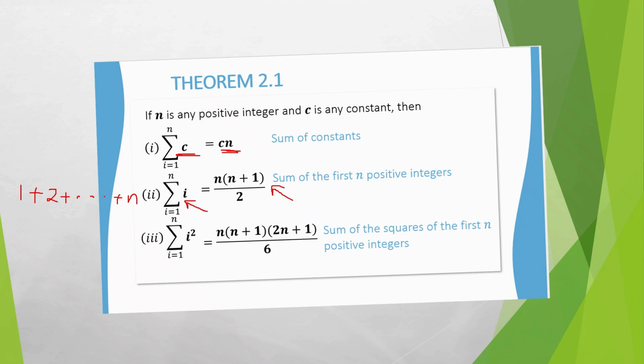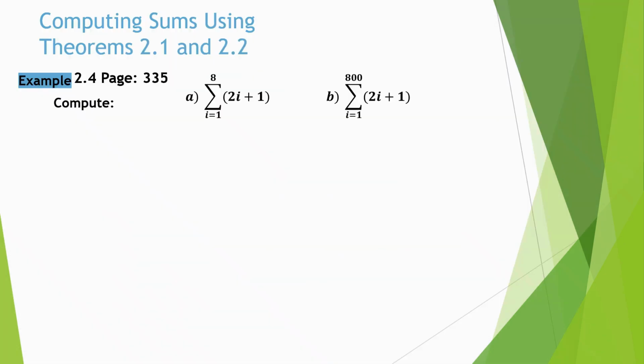Now the same natural number but squared. Sum of the squares of the first n positive integers. What did you get as the formula? n into n plus 1 times 2n plus 1 over 6. Please enter it in the calculator and let me know the answer.